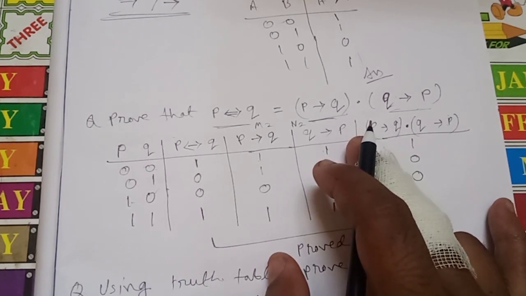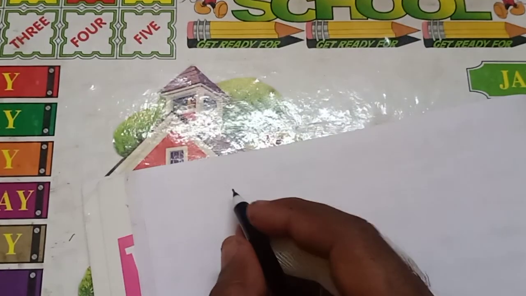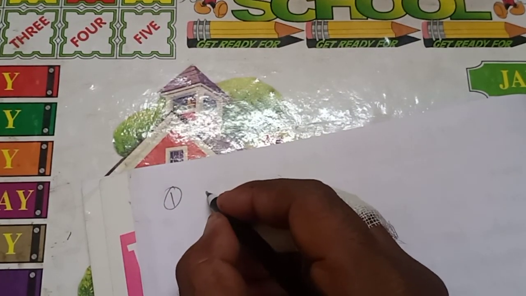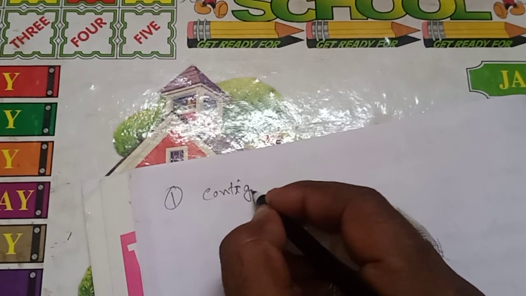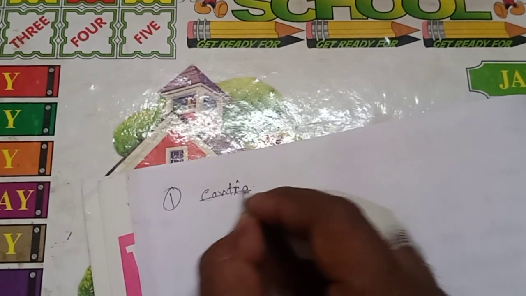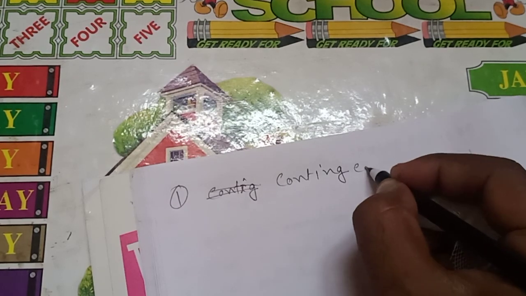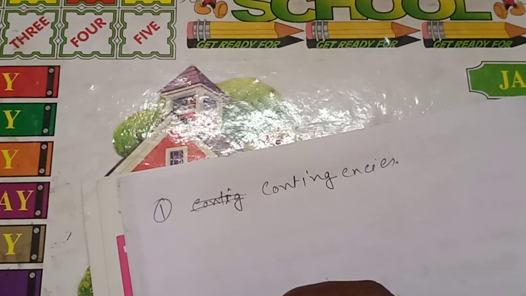You need to remember the meaning of a few things. Four terms are present. The first term is contingencies.